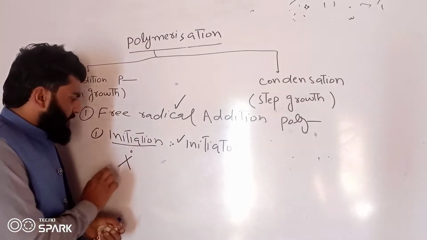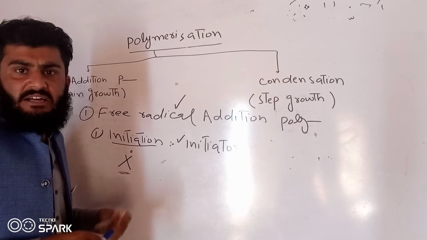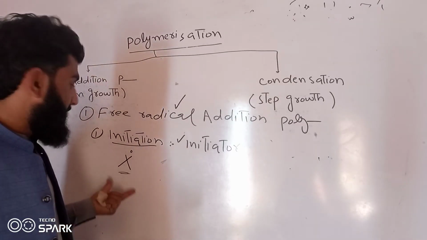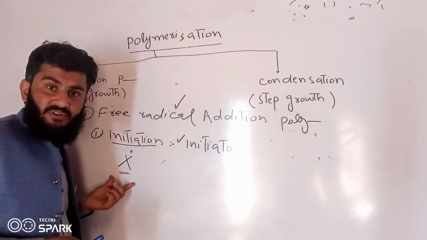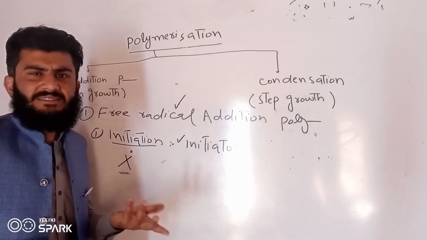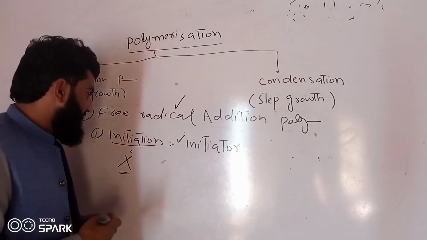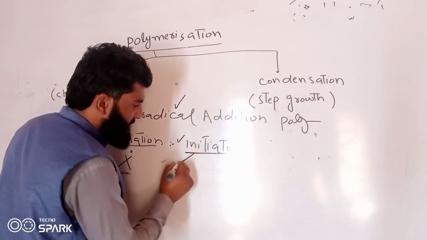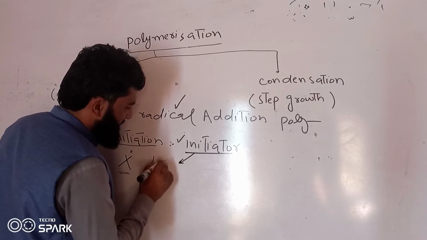This free radical doesn't produce itself. So in order to produce the initiator, what do we need? It may be light.